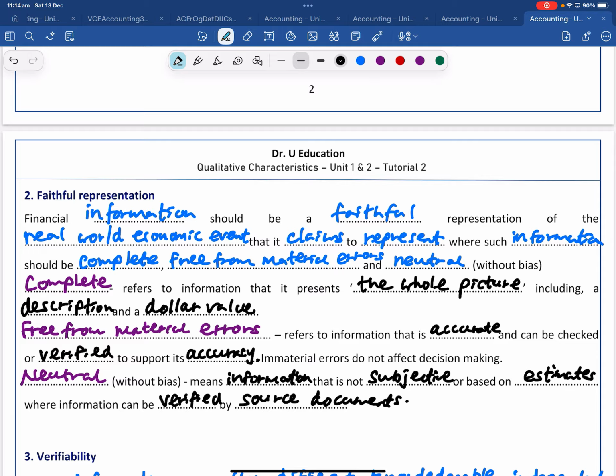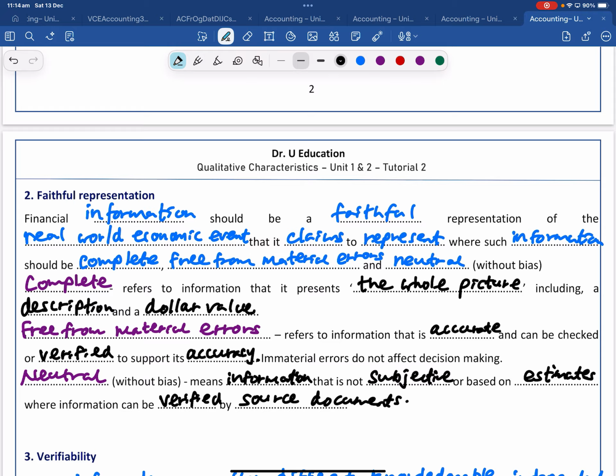Now this one is talking about the financial information that we come across in the financial reports being reported in a trustworthy manner. But we can't write that in the exam. How we are going to write it in the exam is: reporting the information faithfully says that we have to report the real world economic events of the business.